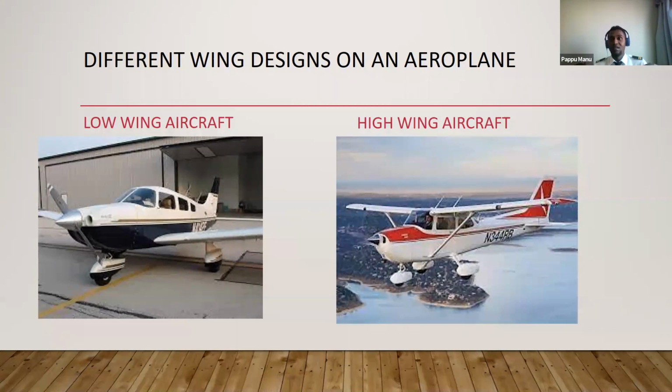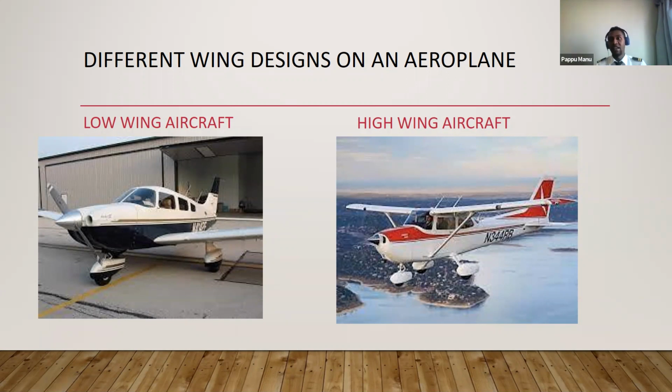Okay, so if you have a low wing aircraft and you're flying it and you cut your power, and you have a high wing aircraft and you're flying it and you cut your power, the low wing aircraft will fall faster than the high wing aircraft. That is the main difference between a low wing and a high wing aircraft.